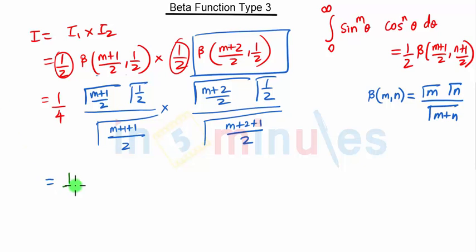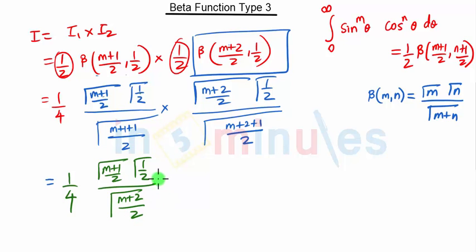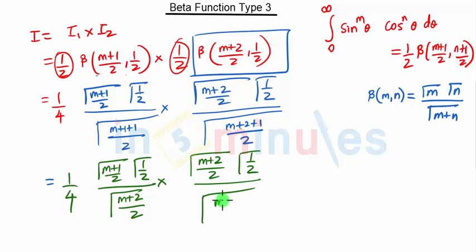So we get 1 upon 4. These terms will remain as they are. Gamma of m plus 1 upon 2 plus half is equal to m plus 2 upon 2, and the numerator will remain as it is, and the denominator will be m plus 2 plus 1, which is nothing but m plus 3 upon 2.